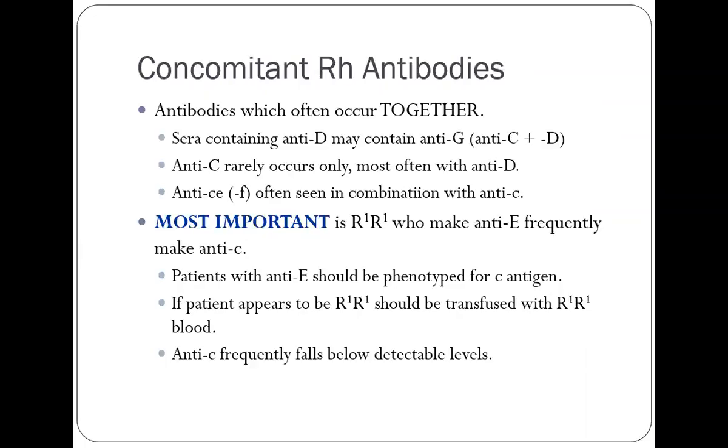They have a big C. So that's why people who are R1 can make anti-big E, and then they frequently make an anti-little c as well. So patients who have this anti-big E should also be phenotyped for the C antigen as well. And if a patient appears to be R1, they should be transfused with R1 blood. If not, then they have that possibility of creating an anti-little c.